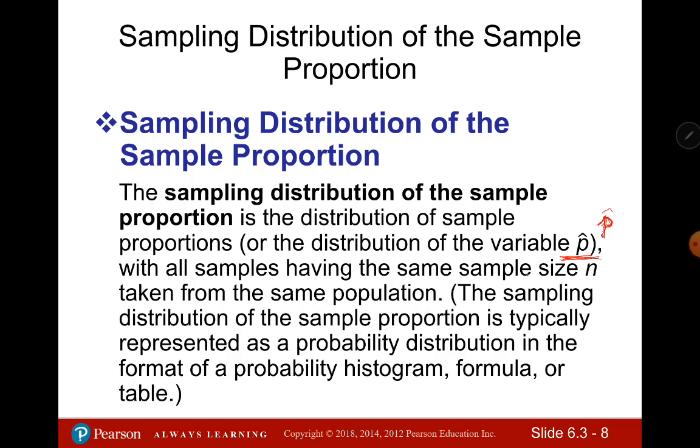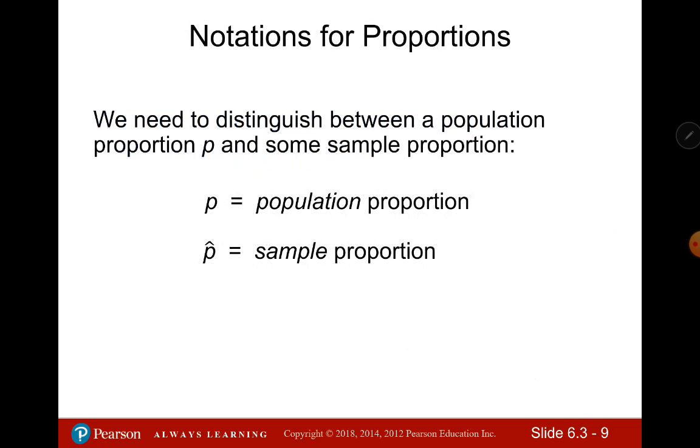So we know same size, same population, then it's normally distributed. All the values of p hats are normally distributed. And the mean of all the p hats is just equal to p. Again, p without the hat is about the population. P hat is just about the sample.